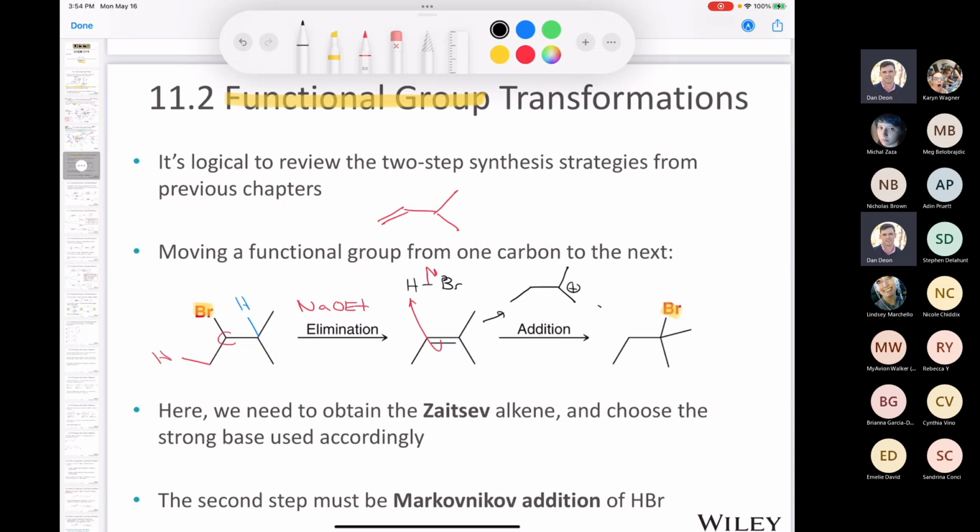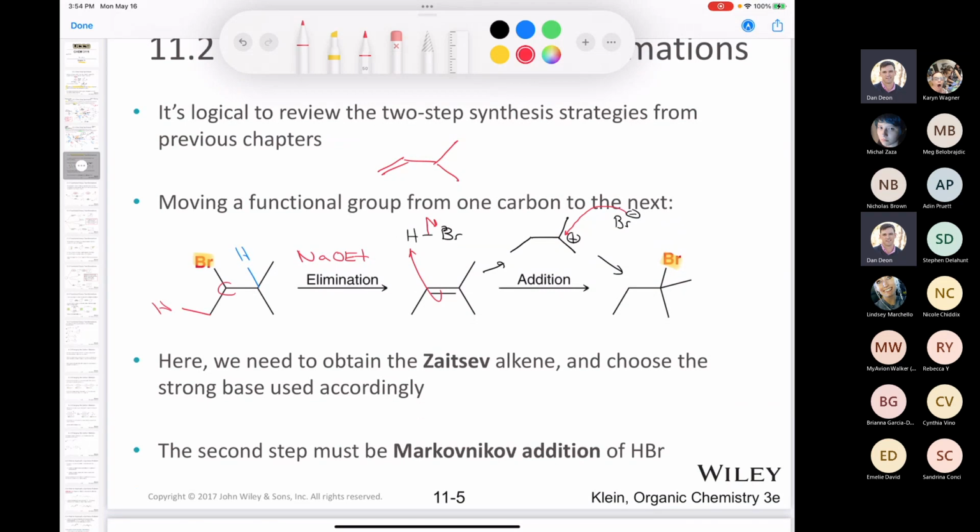And then the bromide can come in and act as a nucleophile and attack that carbocation to give you the product. However, if it added in anti-Markovnikov fashion, I'll just draw it. So anti-Markovnikov fashion, then what you'd end up with would be this. So the question is, what's more stable, a tertiary carbocation or a secondary? Well, the answer is a tertiary is much more stable, and that is why Markovnikov addition proceeds the way it does.